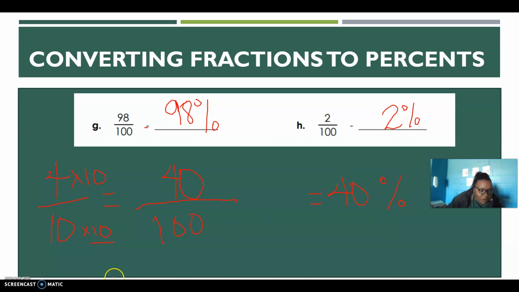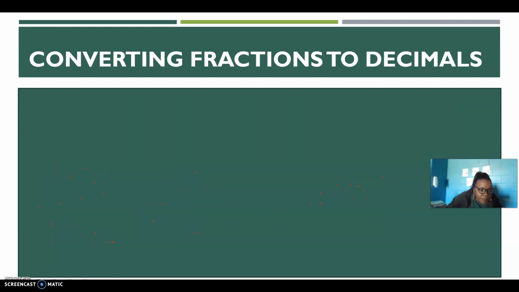Now let's talk about converting fractions to decimals. We want to remember that our lives are going to be so easy if our denominator is 100. So if I take that same example we just did, 4/10, I want to change this to a decimal, okay?